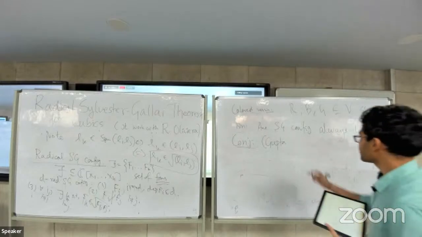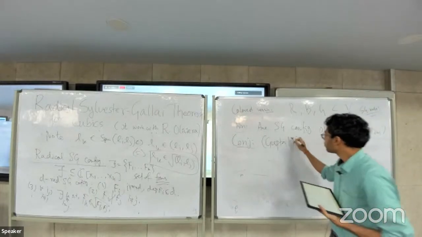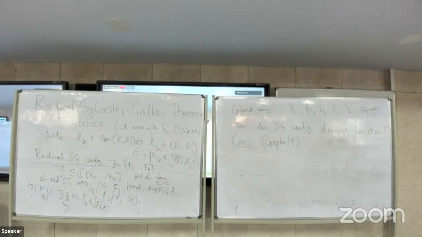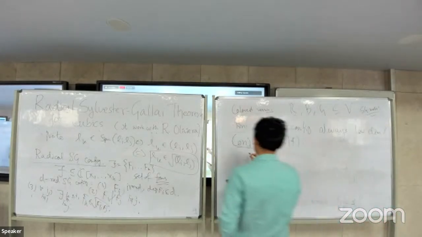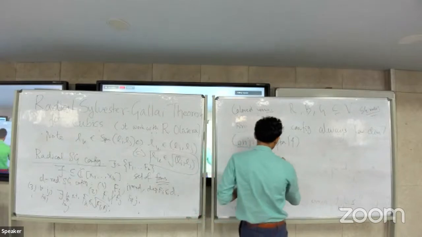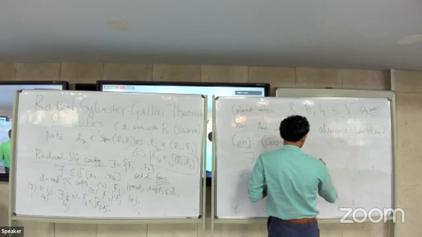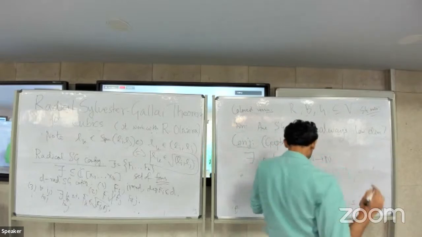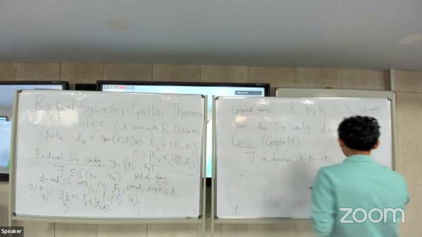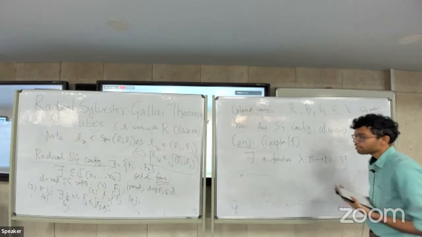Okay, so then there is this conjecture of Gupta, who is a computer scientist. He conjectured that there exists a function lambda taking natural numbers to natural numbers such that, okay, so what do we want?